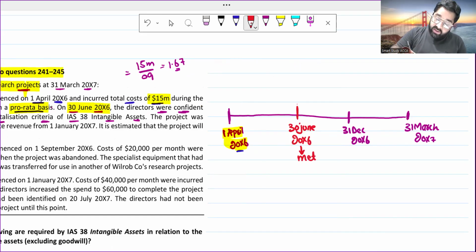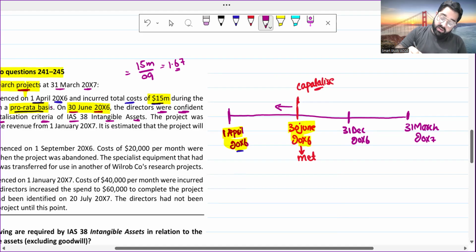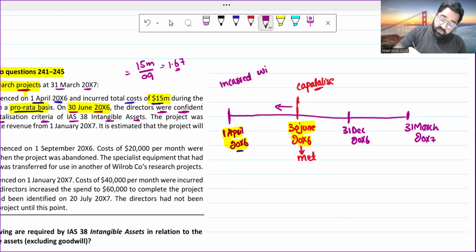Now you will start capitalization from here. You will have to capitalize the cost from here because the criteria have been met on 30th June 20x6. Now, all of the cost incurred before this date will be expensed to profit or loss because no criteria had been met.